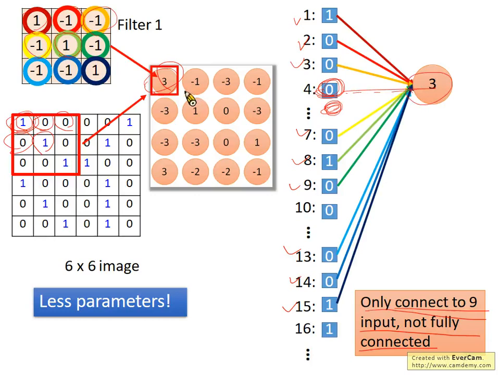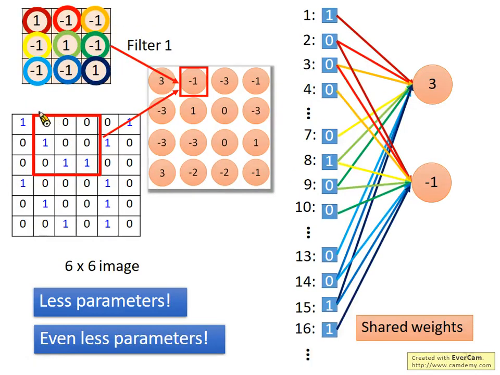With a convolutional neural network, we only connect these 9 pixels to this node at the first convolution. So we need much fewer parameters to do the convolution.